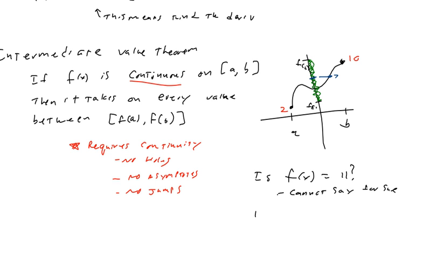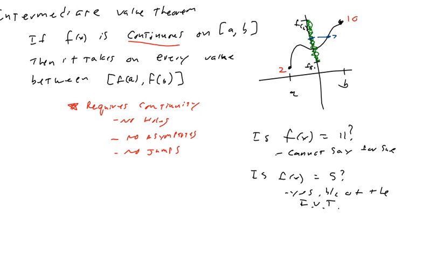But if I said, is f of x equal to 5? Yes, because of the intermediate value theorem. You're checking to see what the bottom value is and what the top value is. And how do we know there's something between 2 and 10?